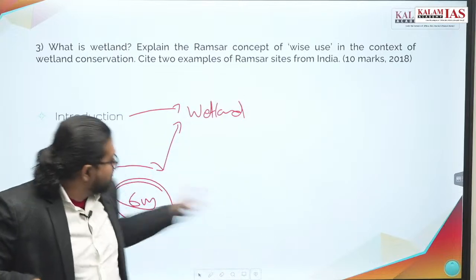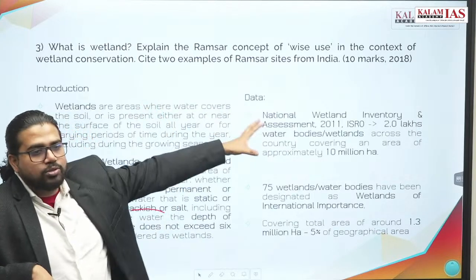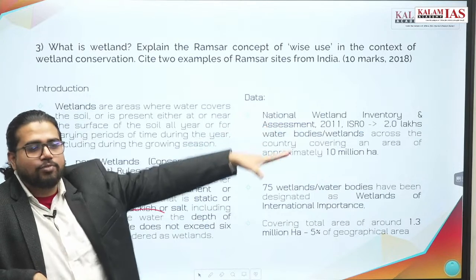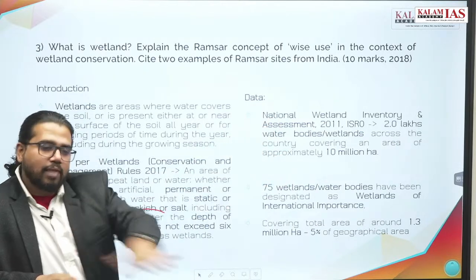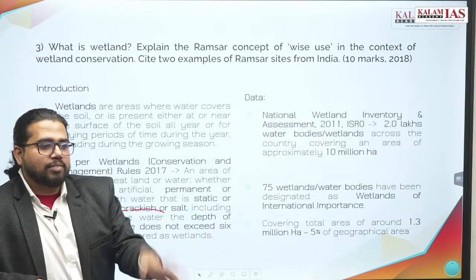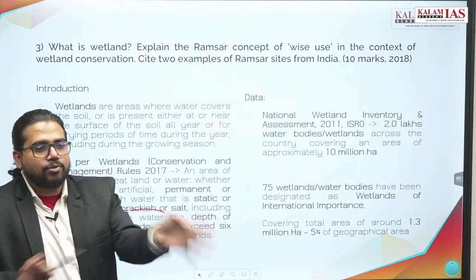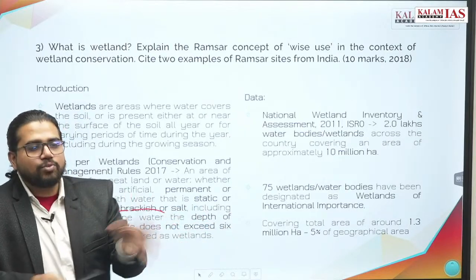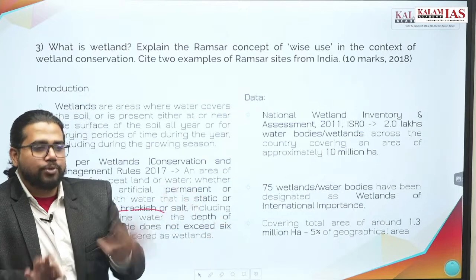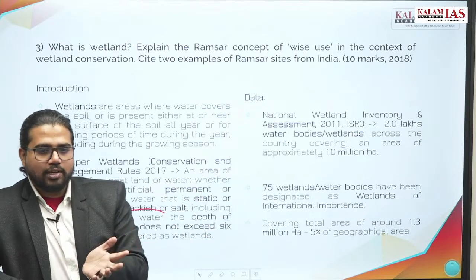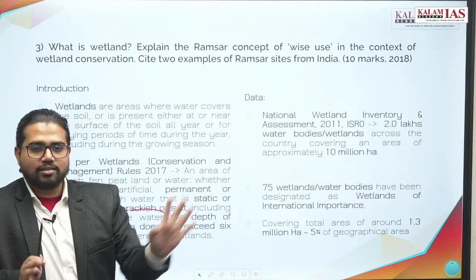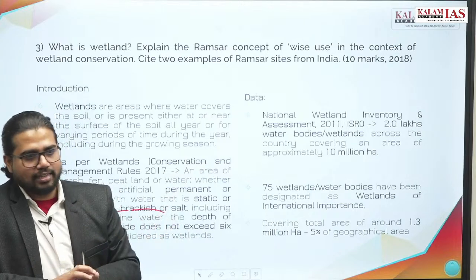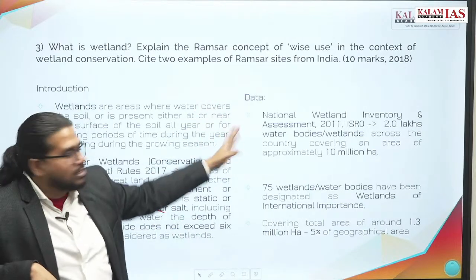Next slide. Wetland include all those areas where there is water for some part of the year. Some land is there. Suppose in monsoon season, it is covered by water for 2-3 months. All those areas where water is filled either for few times of the year or throughout the year, all these include wetlands, and depth should be less than 6 meters.